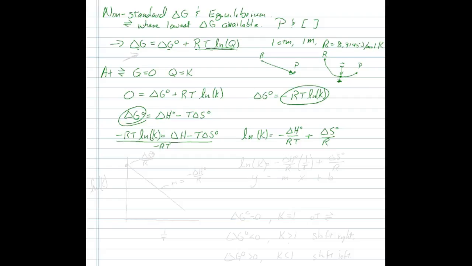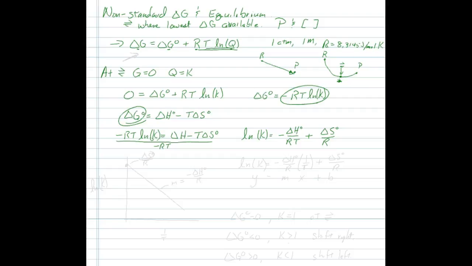But temperature is the only variable; everything else is pretty much constant. Delta H naught and delta S naught don't change for a reaction itself. R is a constant.